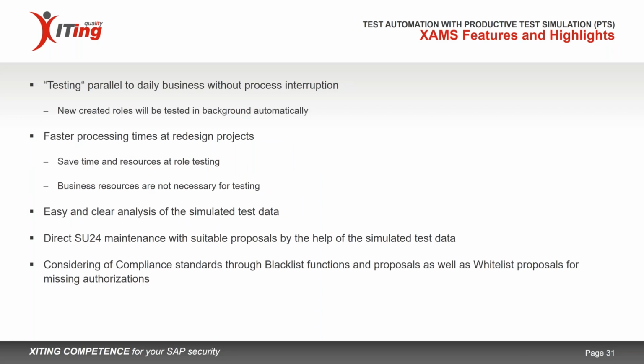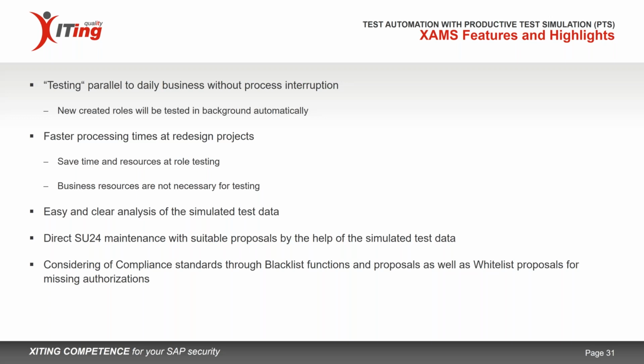All right, so we're going to test in parallel to the daily business without process interruption. So our users are going to just test normal day to day. We're going to mimic those security checks in the background against our new roles. Faster processing times, right? So because our business users don't have to come into a test environment and go through that iteration process, they save time, we save time because our security remediation can happen at our leisure, if you will, and we can do all of the maintenance that we have found at one time.